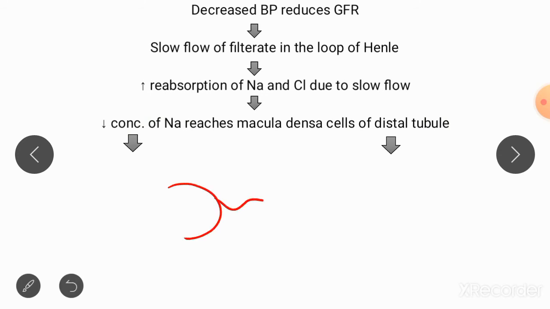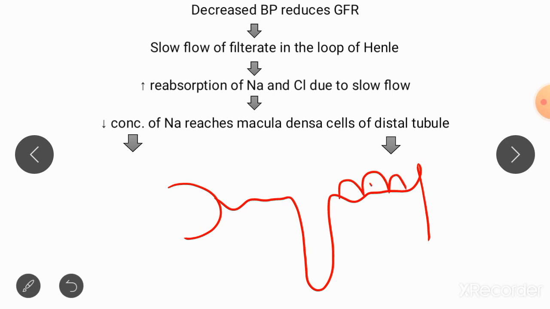Macula densa cells are special cells present in the distal convoluted tubule, and they are responsible for the detection of sodium within the filtrate. These cells will immediately detect reduced sodium concentration, and they will understand that reduced sodium concentration means reduced blood pressure.